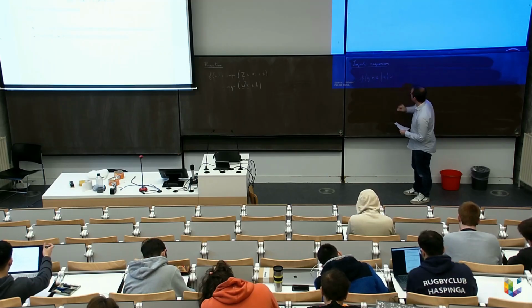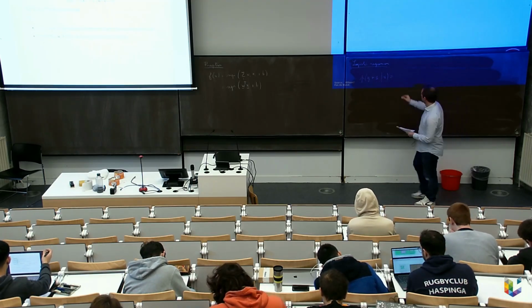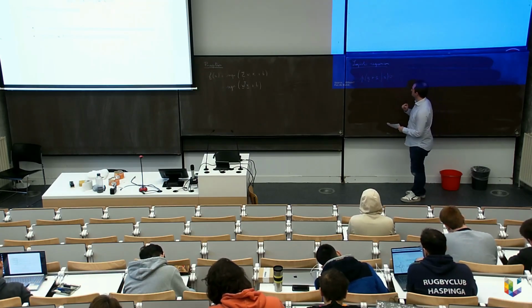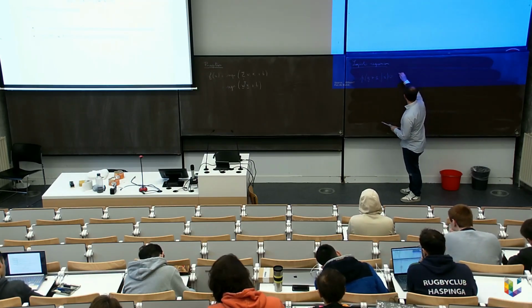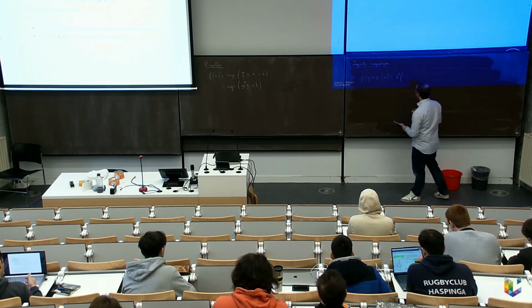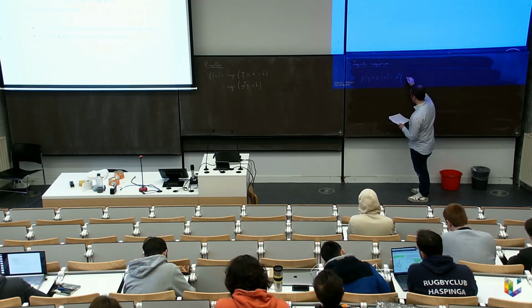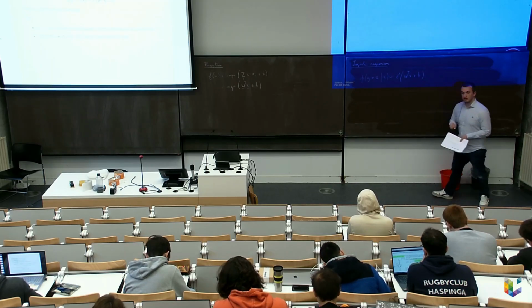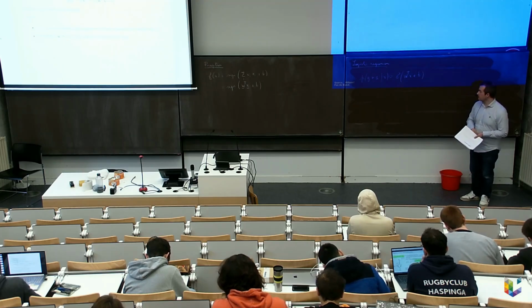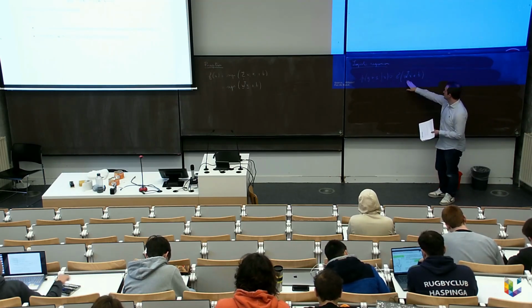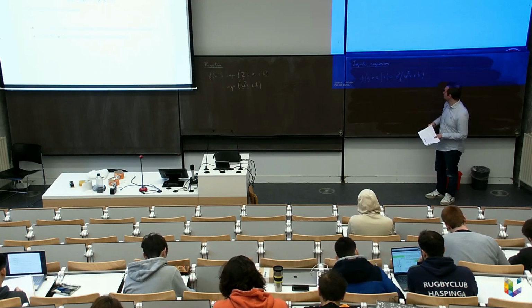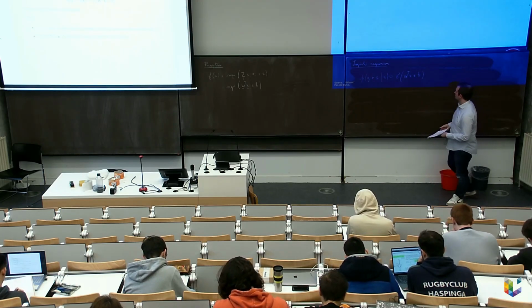In the case of logistic regression, we assume that this conditional probability follows this expression: the sigmoid of W transpose times X plus B. So exactly the same as before, except that now we'll not say that W is the result of the difference of two means multiplied by the inverse of the covariance matrix.